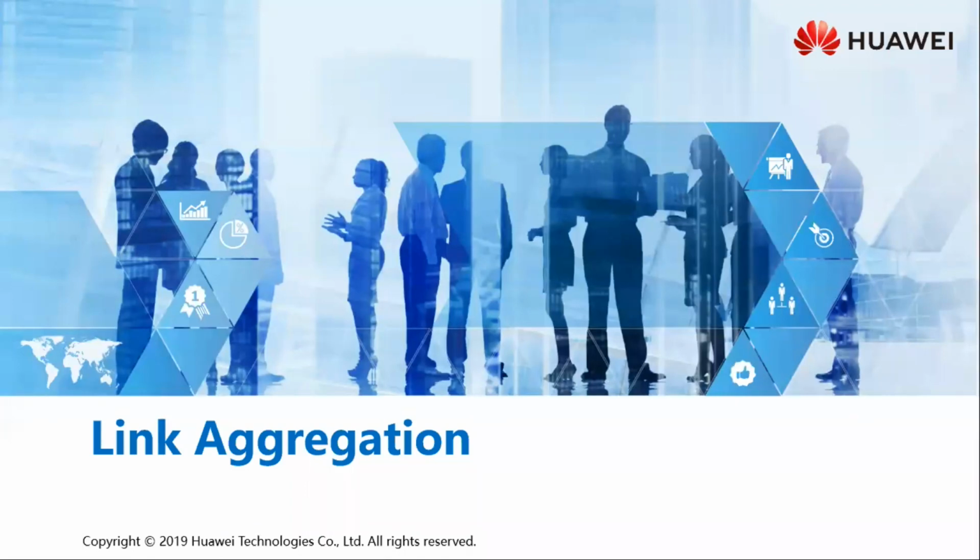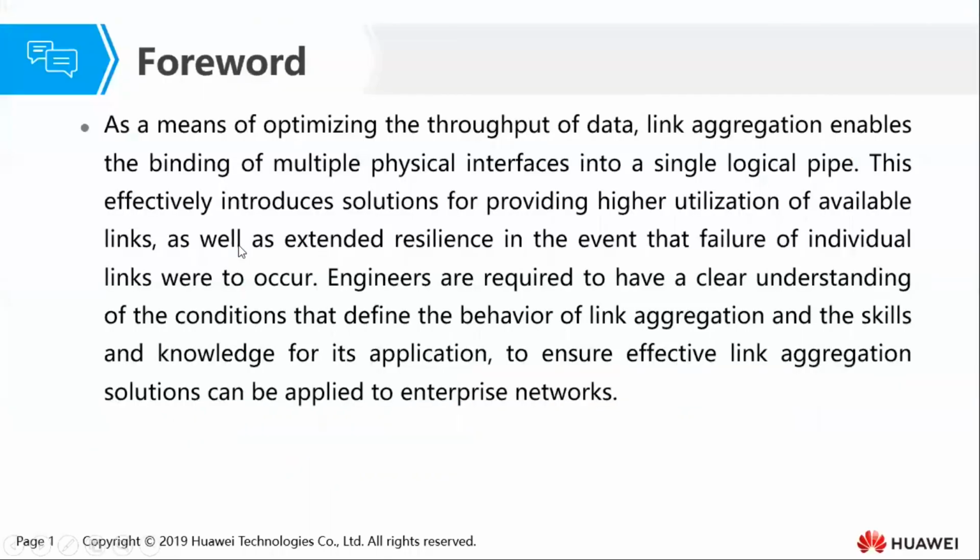At the aggregation and at the core layer, most of the time we implement redundancy between peering devices. And when we do that, we might want to combine those physical links into a single logical link. So that is it about link aggregation.